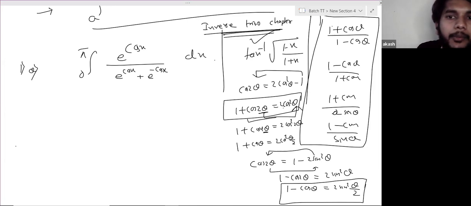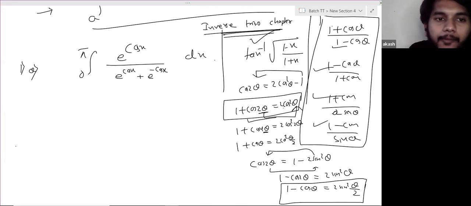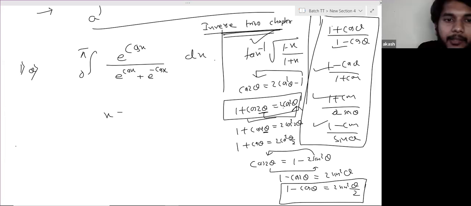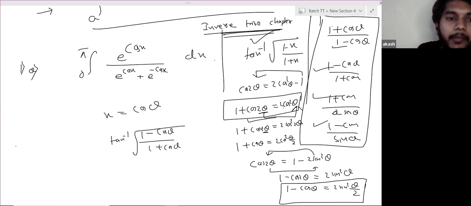So what to substitute? Look at these formulas. Can you tell me what I can substitute as x? Cos theta. So if I write x equals cos theta, the question becomes tan inverse of root of 1 minus cos theta upon 1 plus cos theta. So what should I write in the place of 1 minus cos theta?